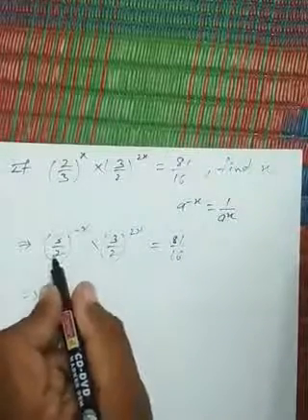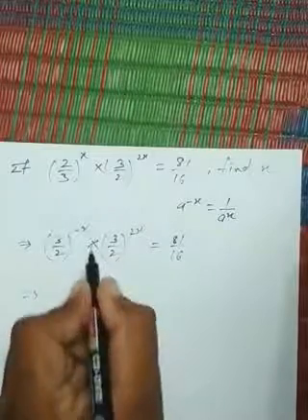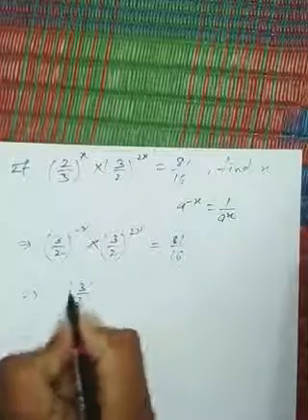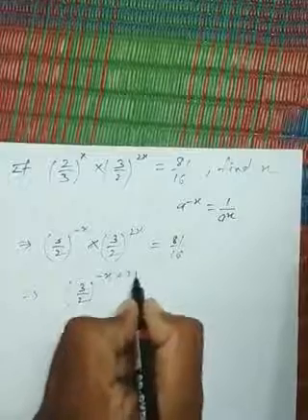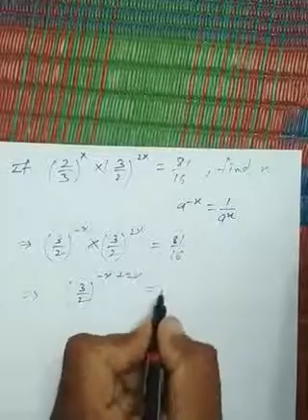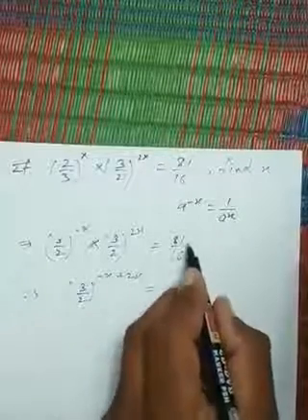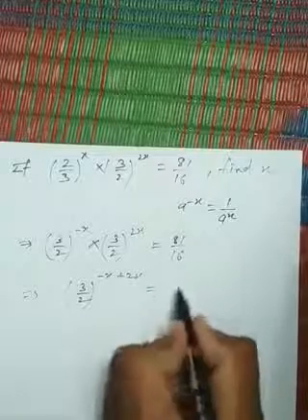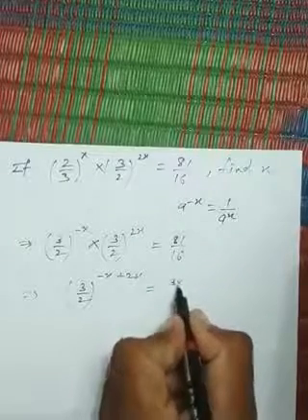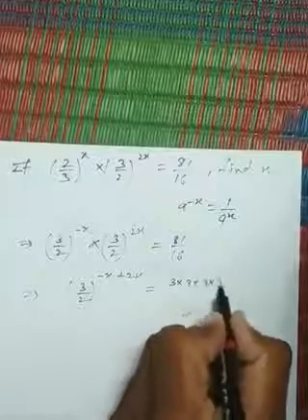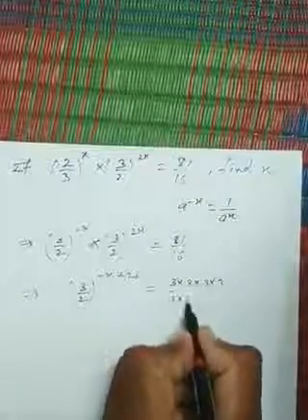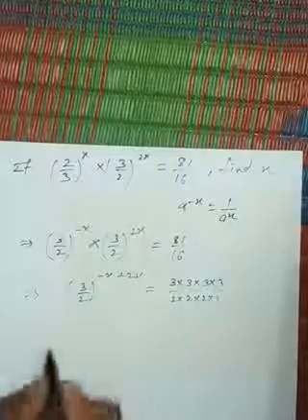Here bases are the same in multiplication, so powers should be added, minus x plus 2x, and find the factors of 16 and 81. So 81 is 3 into 3 into 3 into 3, and 16 is 2 into 2 into 2 into 2.